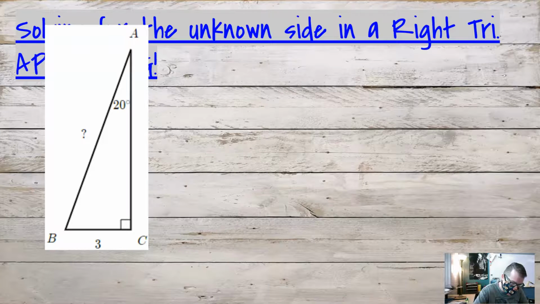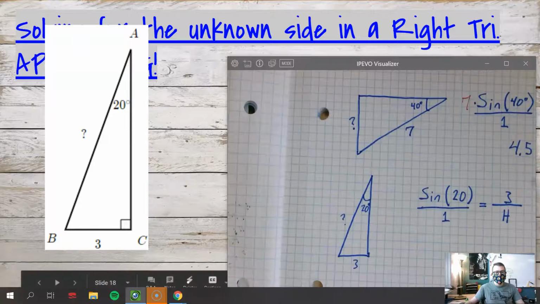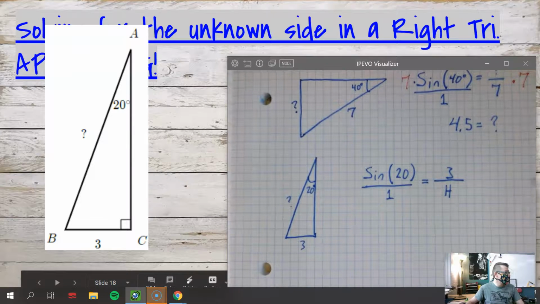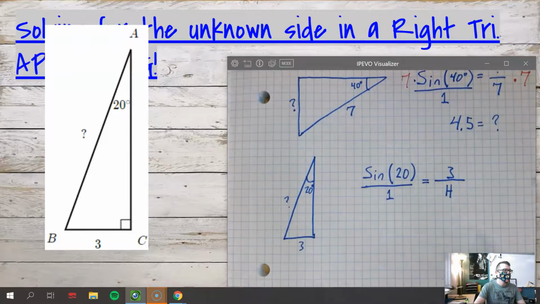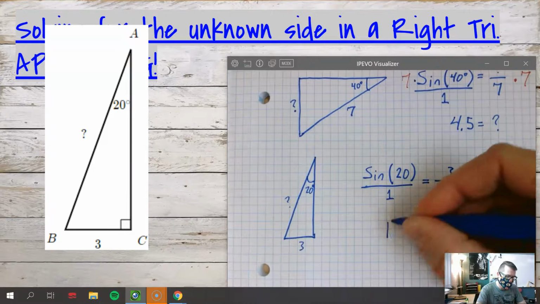So we're still dealing with opposite and hypotenuse. But what's different here? The unknown is in the denominator. If we remember one of the fun things that happens with proportions, we could cross multiply, divide out to solve, or if you remember the trick here, what can we actually do to say h is equal to?